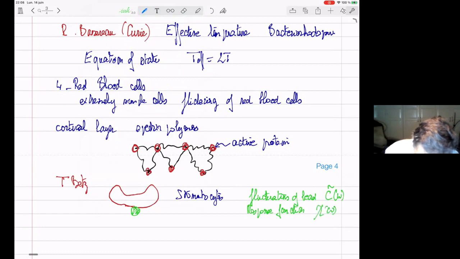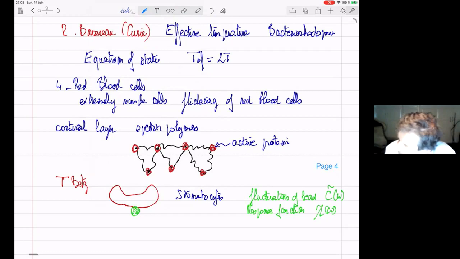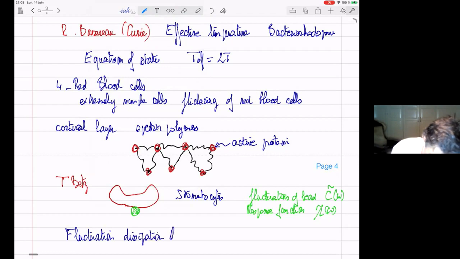Chi of omega. Now, for a system at equilibrium, these two quantities are related, and they are related by the fluctuation dissipation theorem, which tells you that C tilde of omega is 2kT over omega times the imaginary part of chi.